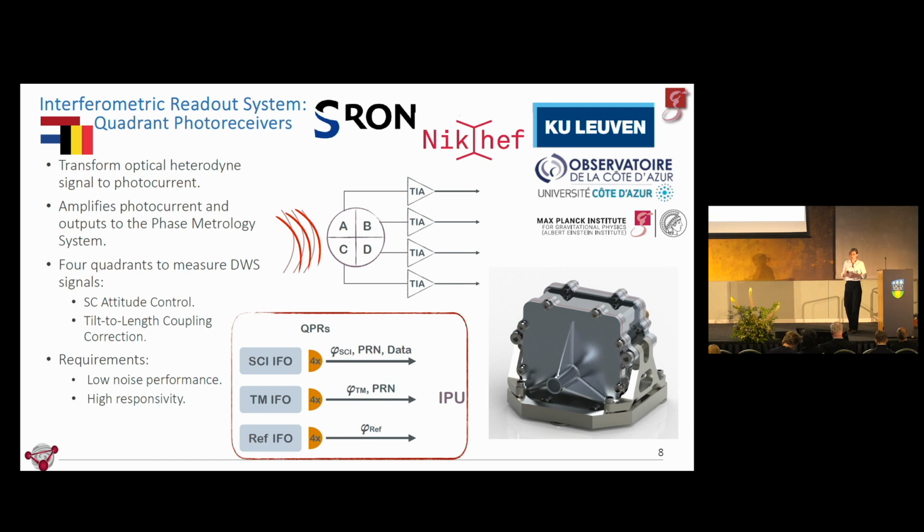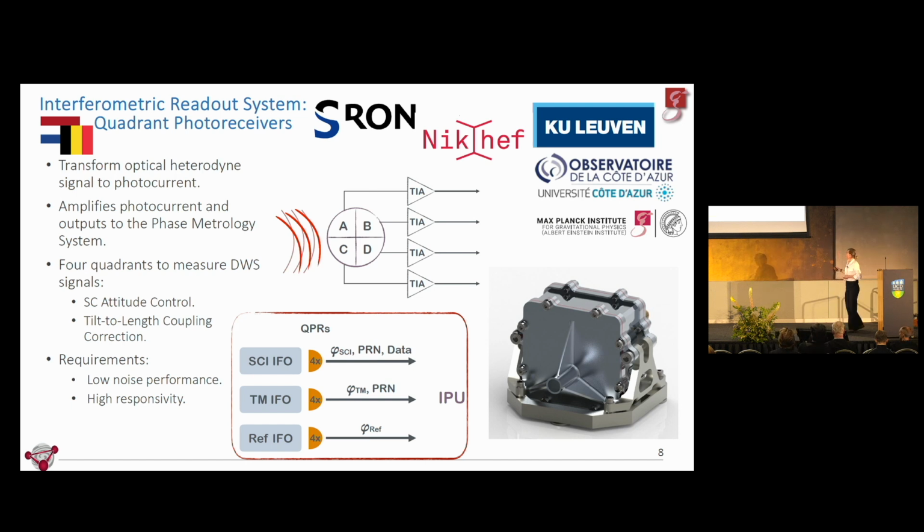And this signal is being used by the DFACS system to correct for the spacecraft attitude. It also is used in the post-processing to correct for the tilt-length coupling noise. And the key requirements of those quadrant photoreceivers is to provide the low noise performance and high responsivity.